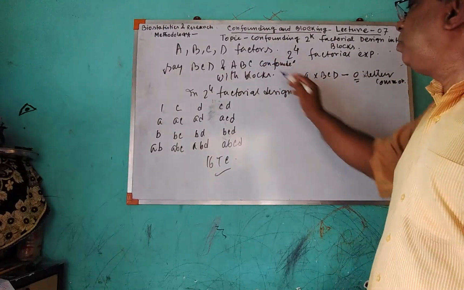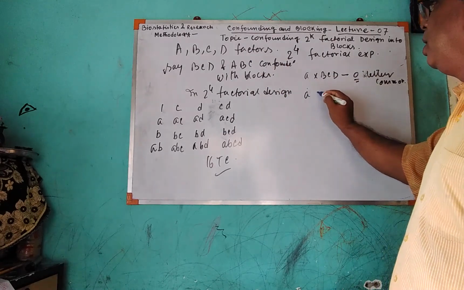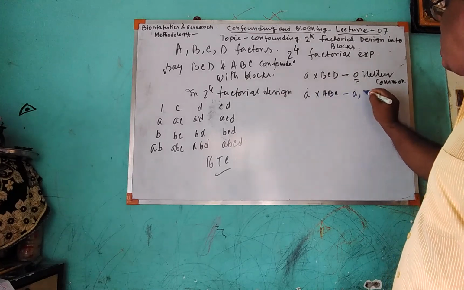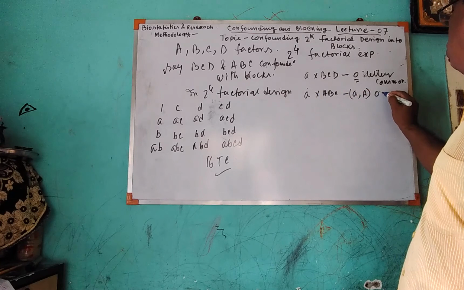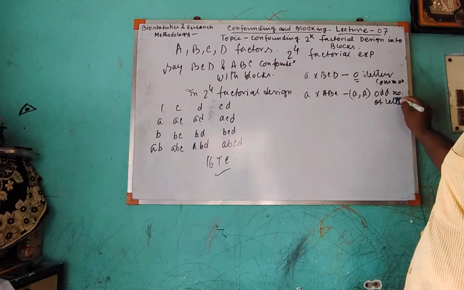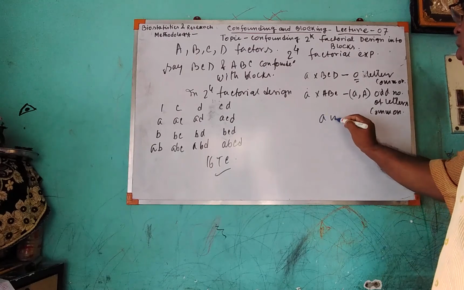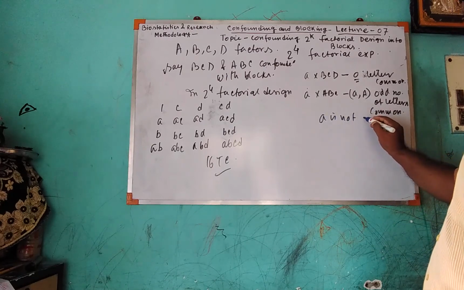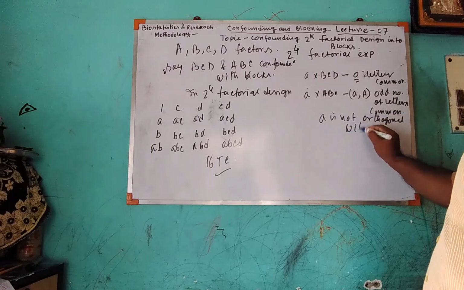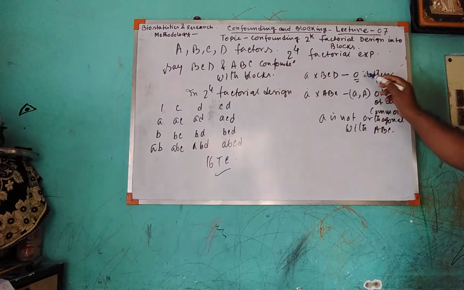Now we have to check A with ABC. A is orthogonal to BCD, but A into ABC has one common letter, only A. That is an odd number of letters common. So A is not orthogonal with ABC, but A is orthogonal with BCD because 0 is even.